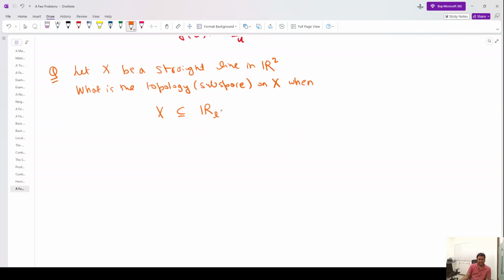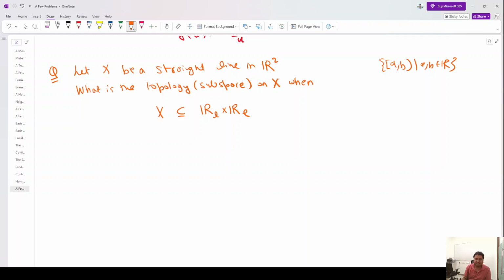I think I have told you this. Basically, this is the lower limit topology, these kinds of lower limits. So it should be like this. [a,b) are the basic open sets. Yeah, we have discussed.